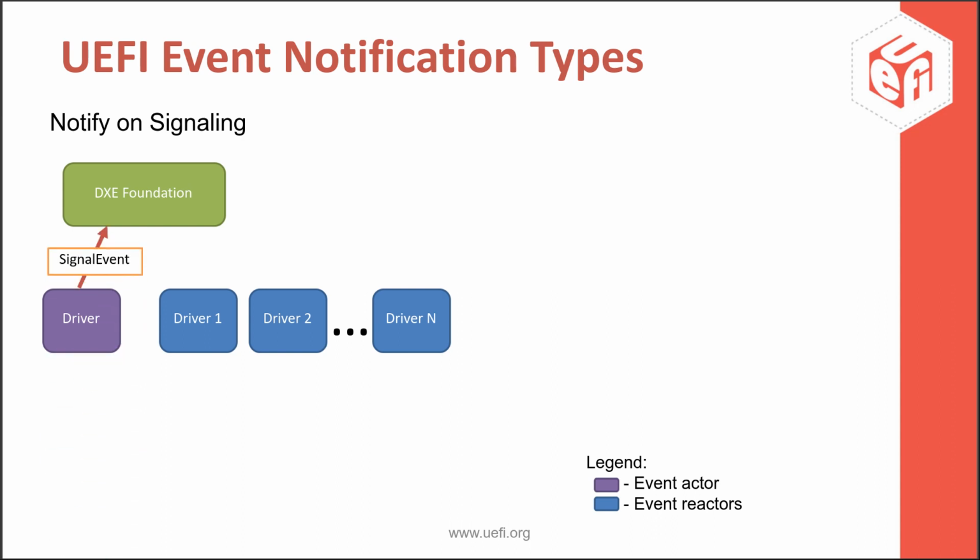So the event actor, once it detects the event condition, calls the signal event UEFI service, and then whoever is registered for that particular event gets notification in the form of callbacks.